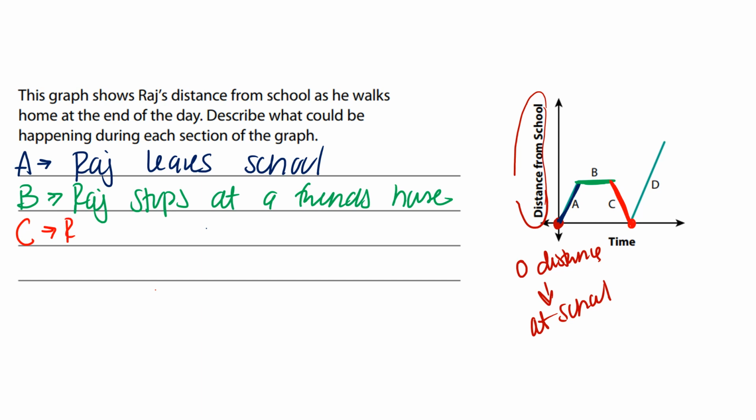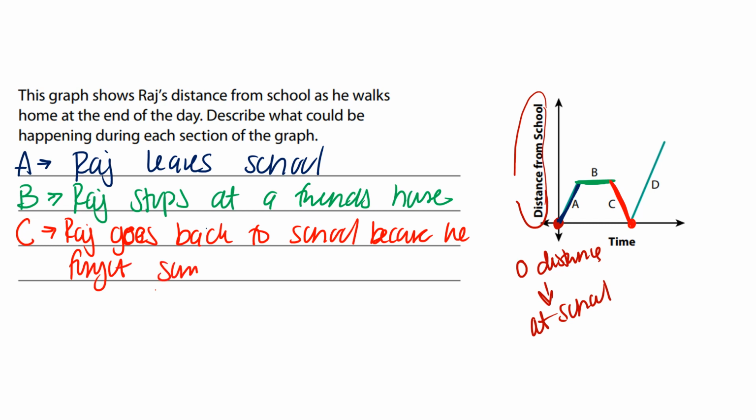We could say Raj goes back to school because he forgot something. And then the last section, letter D, it's further than letter A, meaning he goes all the way home. Raj goes straight home.